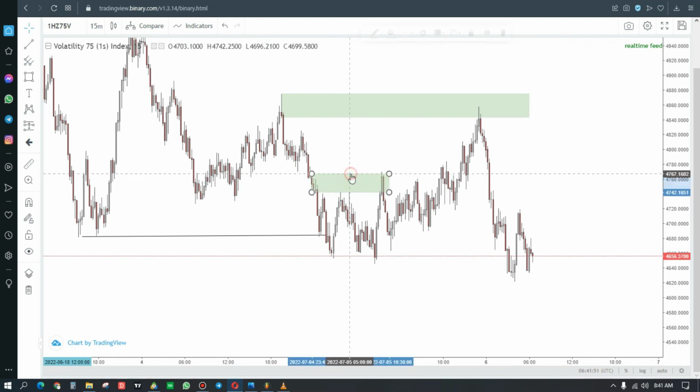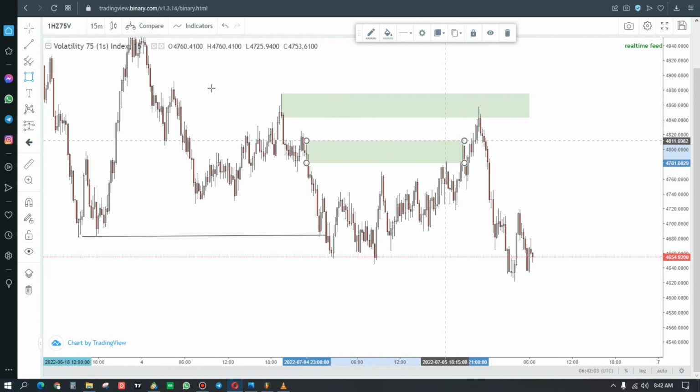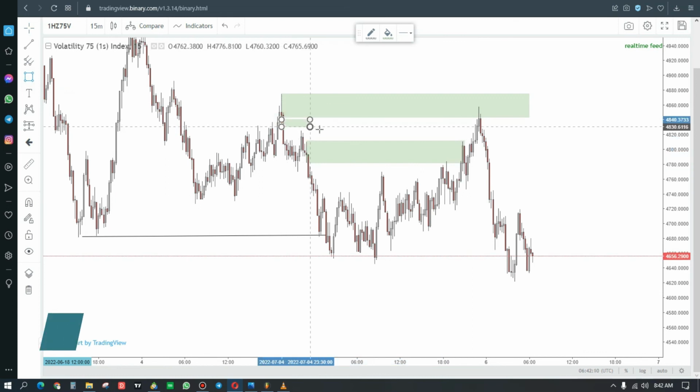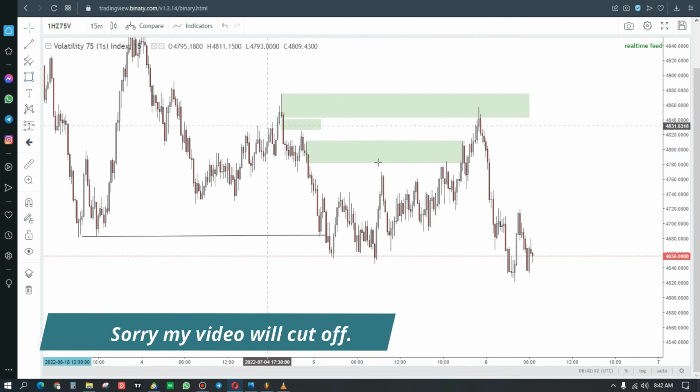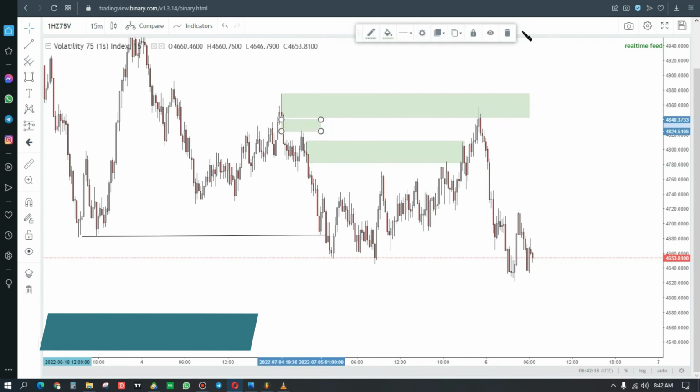But for me, I wouldn't have entered, because I can see that there was liquidity here and there was this indecision candle. Maybe that's where I would have been caught out of this trade. But then I'll also be watching for the supply, because there's imbalance above the supply zone. So you wouldn't be able to catch all these trades. Sometimes you don't catch trades, sometimes you do.